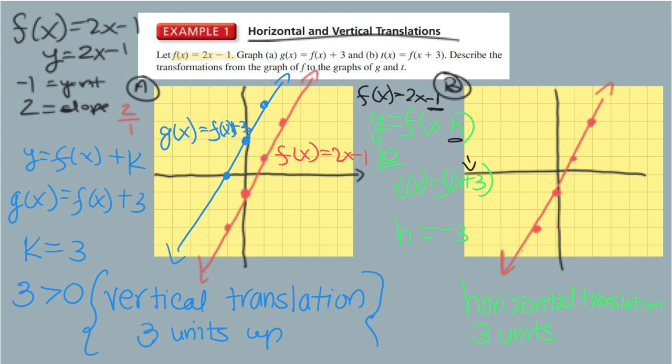What do we say? If h is less than 0, it's to the left. Is h here less than 0? Correct. So we're going to go to the left of the graph of f. So our new line is we're going this way. 3 units. 1, 2, 3.